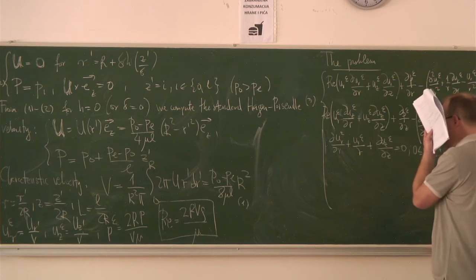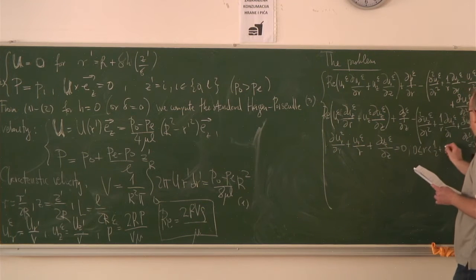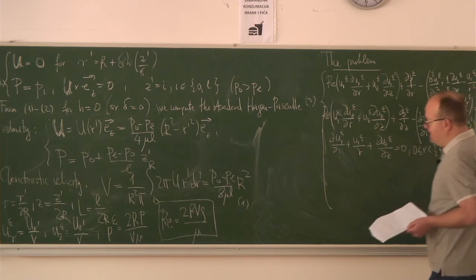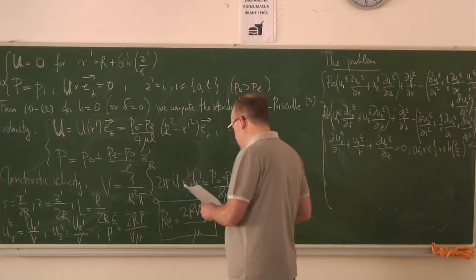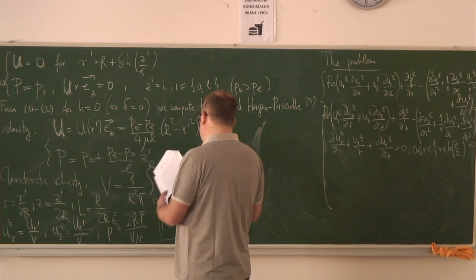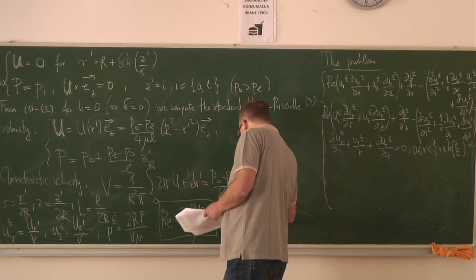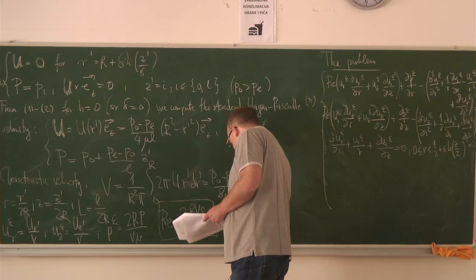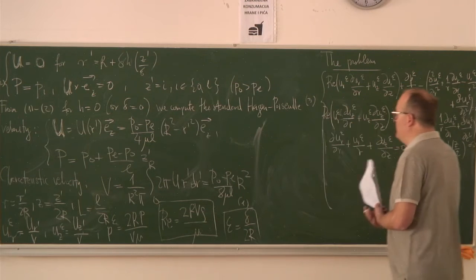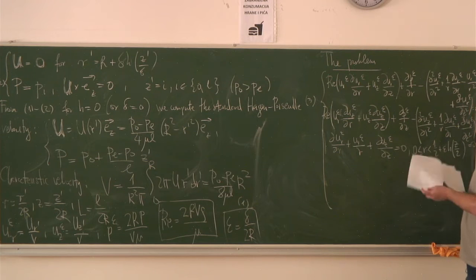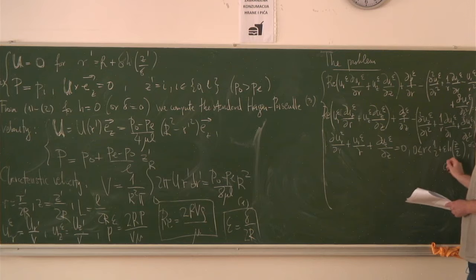Okay, now when we do the adimensionalization, we obtain here the new parameter, and I forgot to write here that this parameter epsilon is delta over L, and this is the small parameter in our problem, which describes the rugosity of the pipe's boundary.